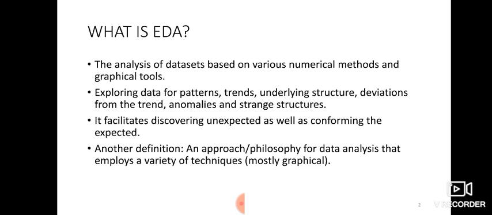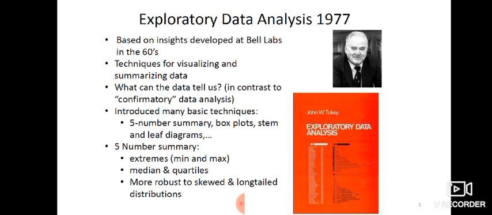In other words, we can say exploratory data analysis is an approach for data analysis which employs a variety of techniques, mainly graphical techniques. In 1977, at Bell Labs, based on the insights from the 60s, they developed this exploratory data analysis. It provides techniques for visualizing and summarizing the data.